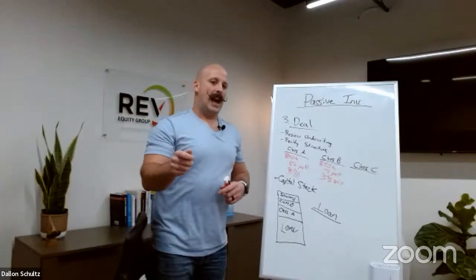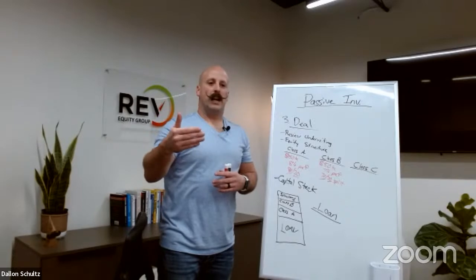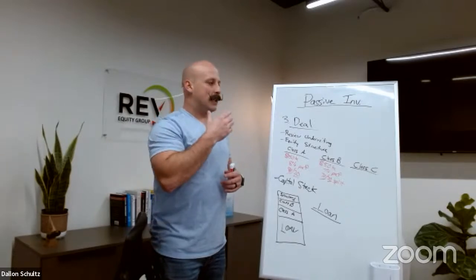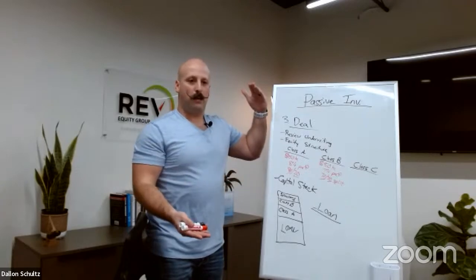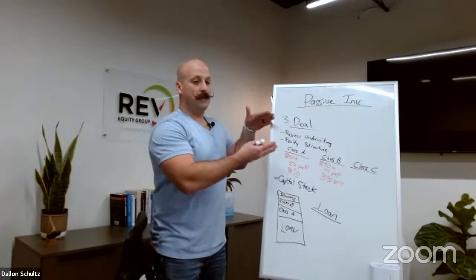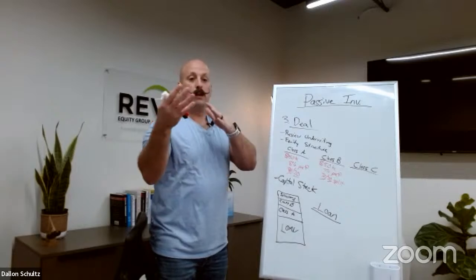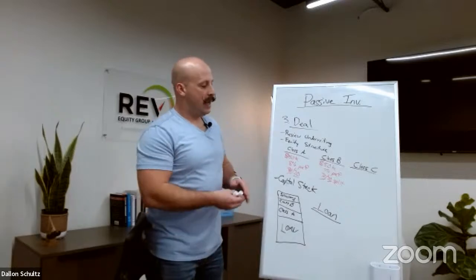So the reason I asked what you consider a good hourly rate to be is because sharing what I did with how we try to double investors' capital. Okay, you put in 50,000, we want to give you 100,000 back, 3 to 5 years.